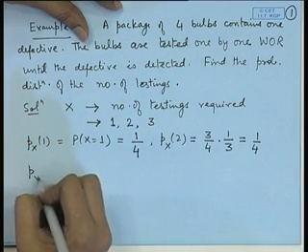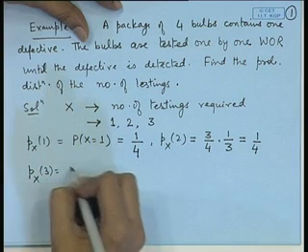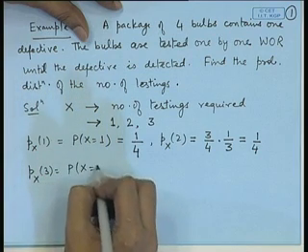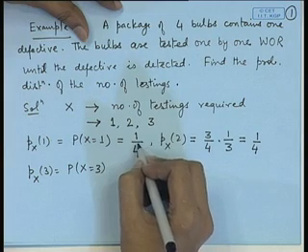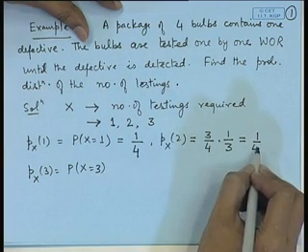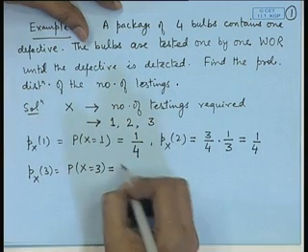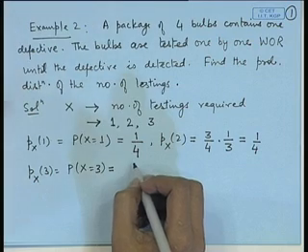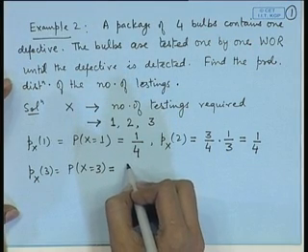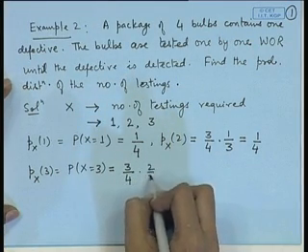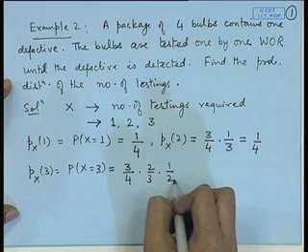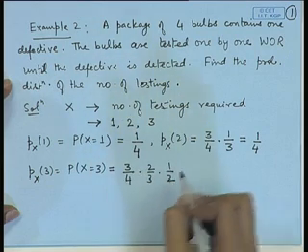If we look at P(X = 3), by direct logic, it should be simply 1 minus the probability of X equal to 1 and the probability of X equal to 2. So, it should be half. Let us see how it can be evaluated directly also. The first one is not defective, the second one is not defective, and the last one is defective, but this is equal to 1 by 4.